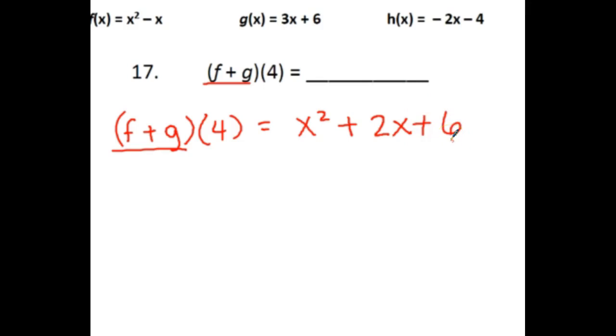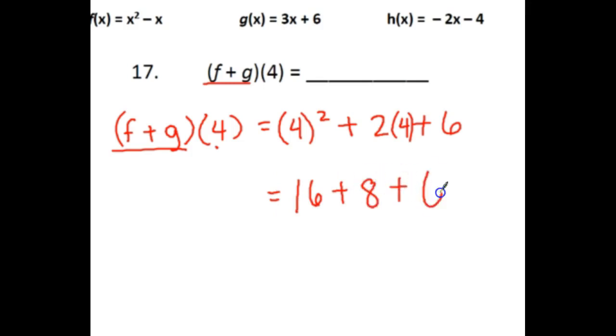And now this tells us in place of x, what are we going to put in place of x? And so that would be 4 squared plus 2 times 4 plus 6.